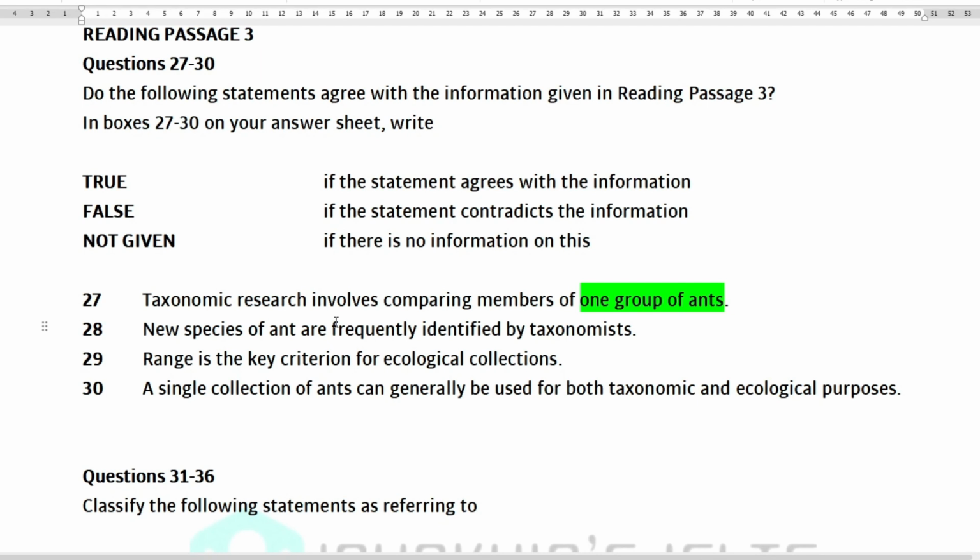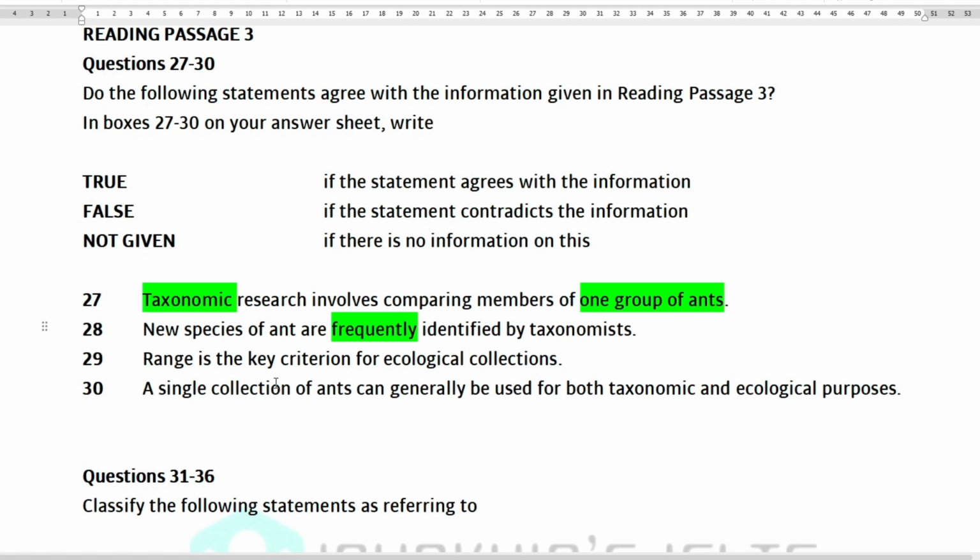Taxonomic is actually a scientific way of classifying things. That's the word taxonomic. New species of ant are frequently identified by taxonomists, right? New species are frequently identified, so frequently can be the keyword here. Range is the key criterion for ecological collections.